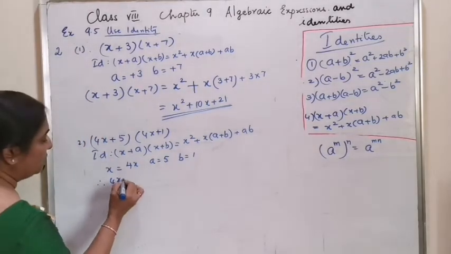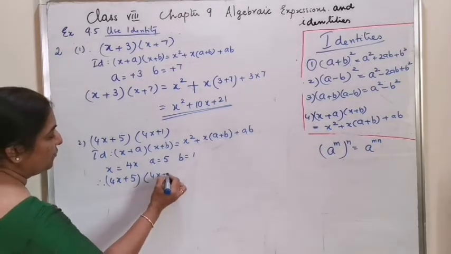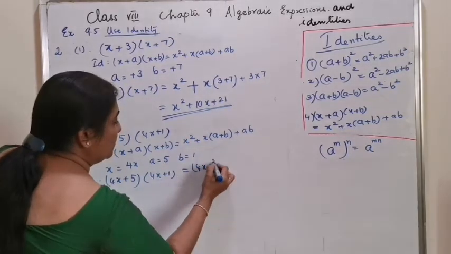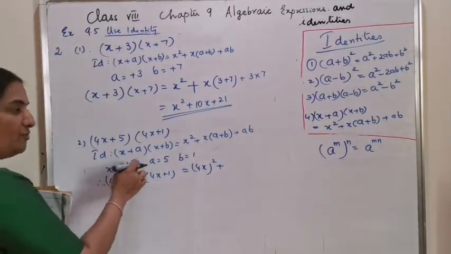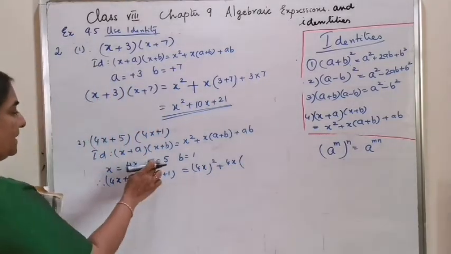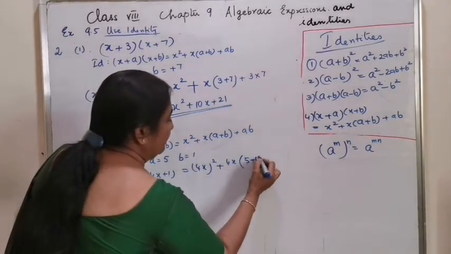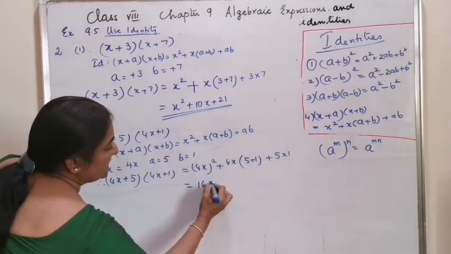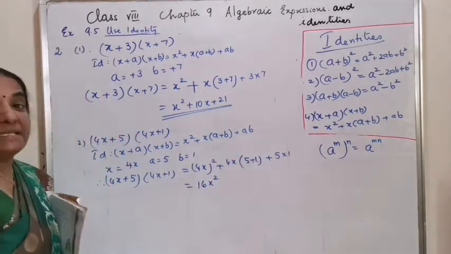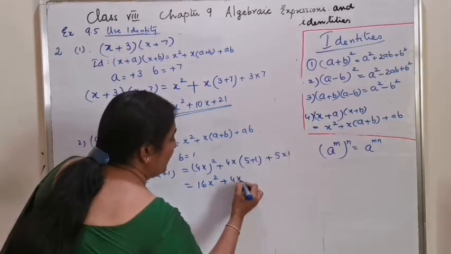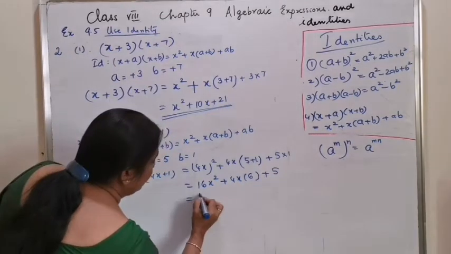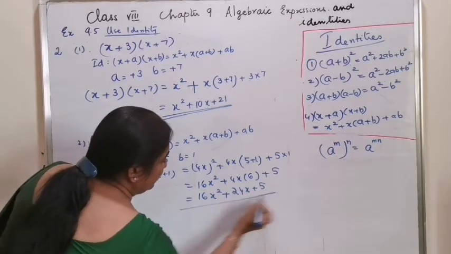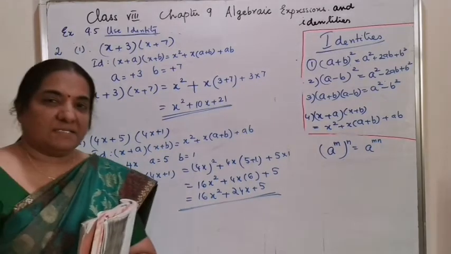Therefore, 4x plus 5 into 4x plus 1 is the same as x square will become (4x) the whole square, plus your x itself is 4x, so 4x into (5 plus 1) plus 5 into 1. (4x) the whole square means 16x square. 5 plus 1 is 6. 4x into 6, plus 5. What's the final answer? 16x square, 4 6s are 24x, plus 5. This is the final answer.